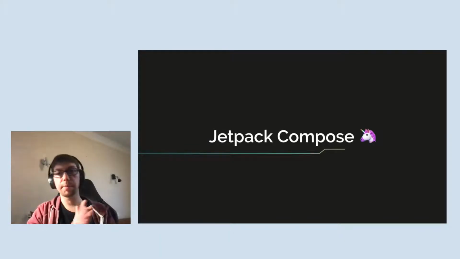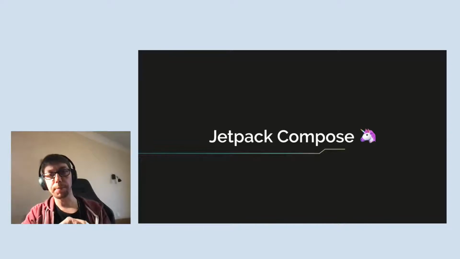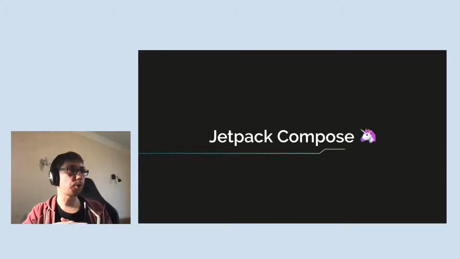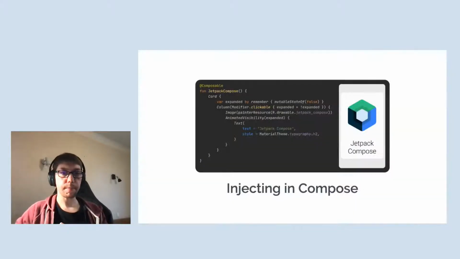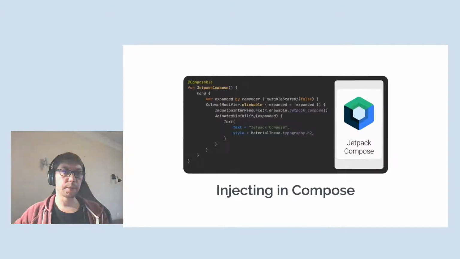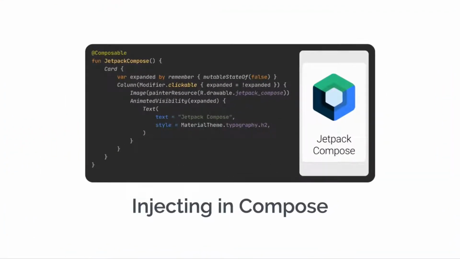Let's go with some more recent topics. And the first one is Jetpack Compose. Koin is proposing a first API to let you inject your dependency inside an Android Compose application. The idea is just to let you access your dependency in a natural way from your composable function.